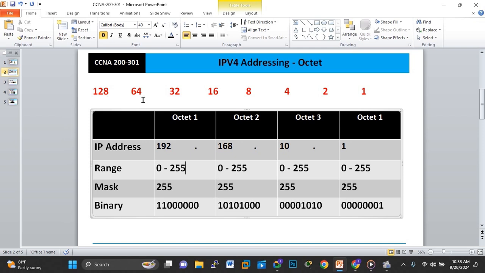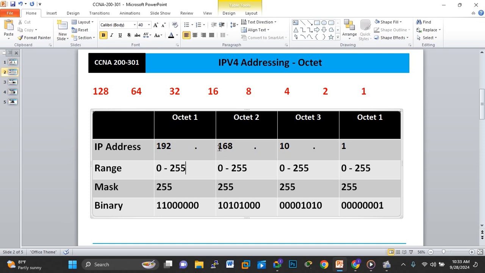How? 128 plus 64 is 192. 192 plus 32 is 224, 240, 248, 252, 254, and 255, if you add them all.